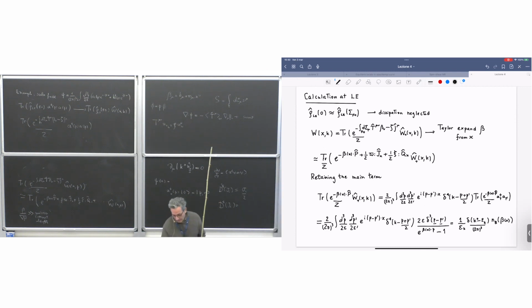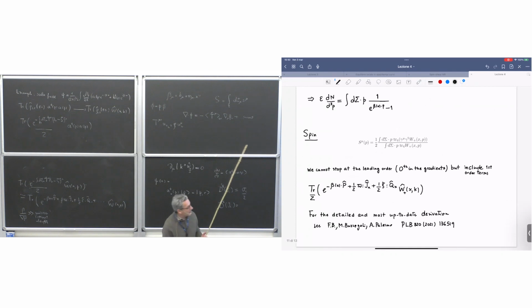And therefore, at the leading order we have the renowned Cooper-Frye formula.